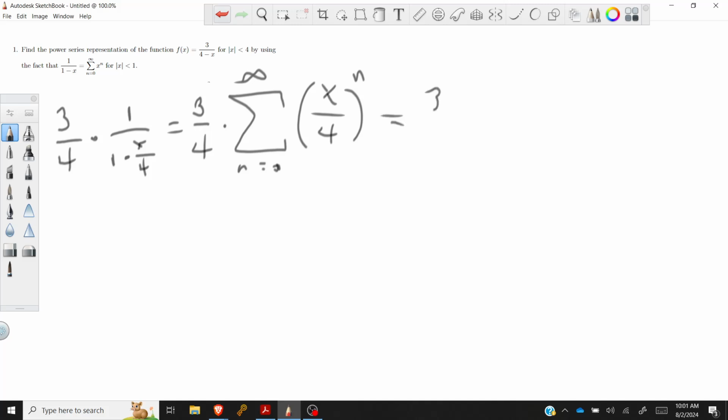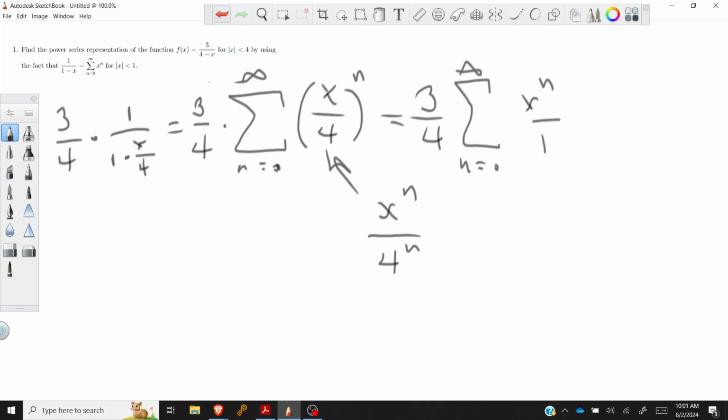So this is equal to 3 over 4. I'm going to break this into x to the n over 4 to the n. And then I'm just going to multiply our constant here.